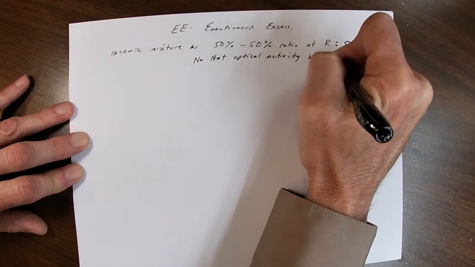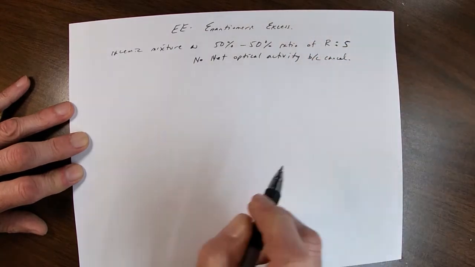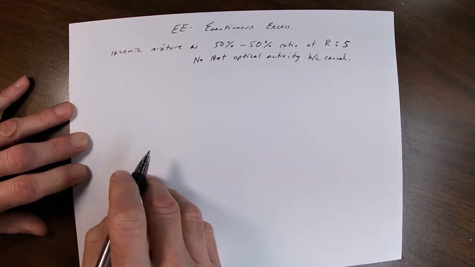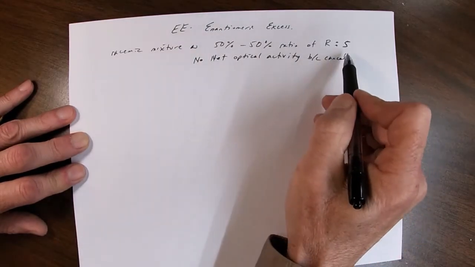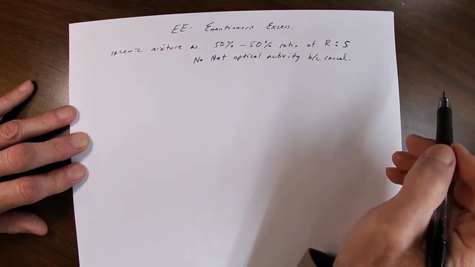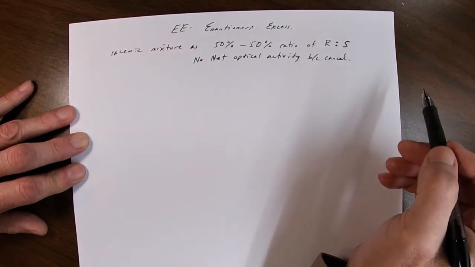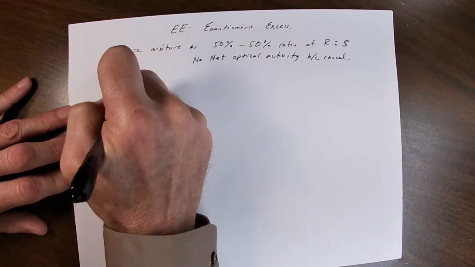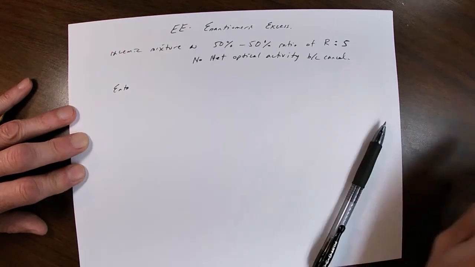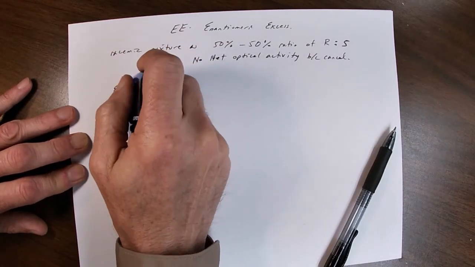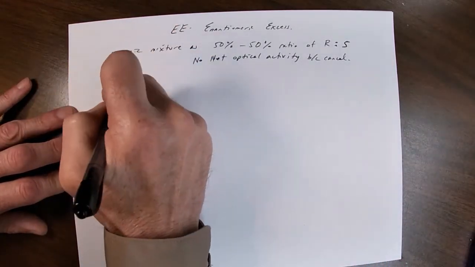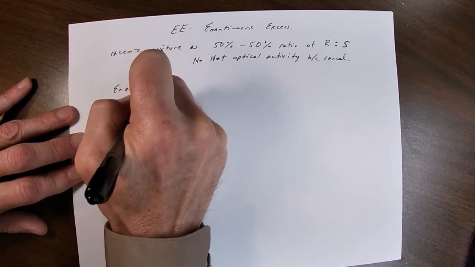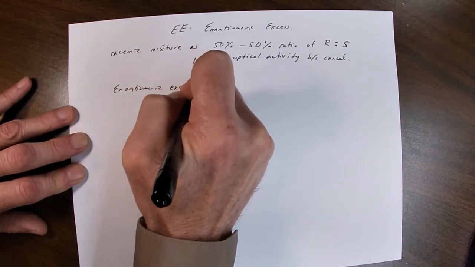Again, because they cancel. Now, there's this concept of enantiomeric excess. If one of the enantiomers is in excess of the other, the difference is explained as the enantiomeric excess.